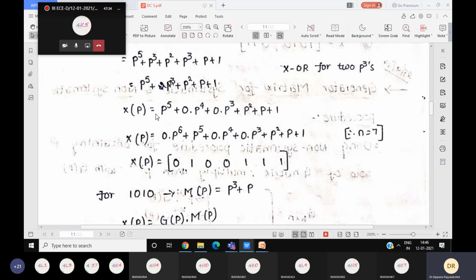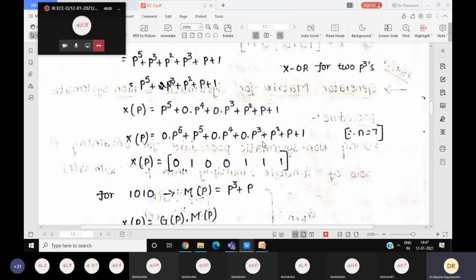So do you have any coefficient for p power 6? No. So I put 0. So 0 into p power 6 plus, do you have any coefficient for p power 5? Yes. So 1 into p power 5 plus, and so on, 0 into p power 4 plus 0 into p cube plus p square plus p plus 1. So for p cube it is 0 and for p power 4 it is 0.